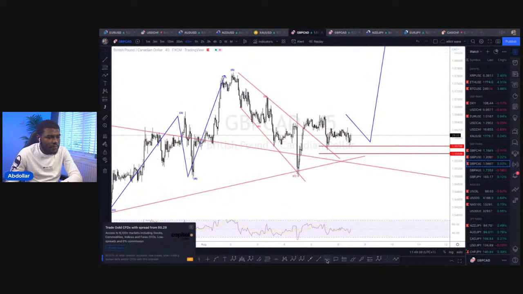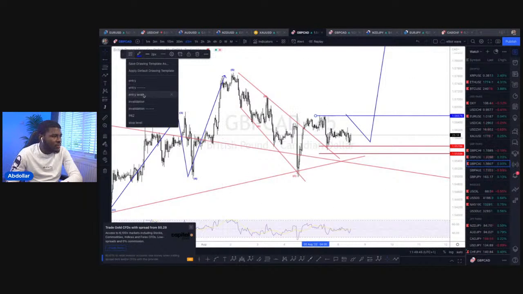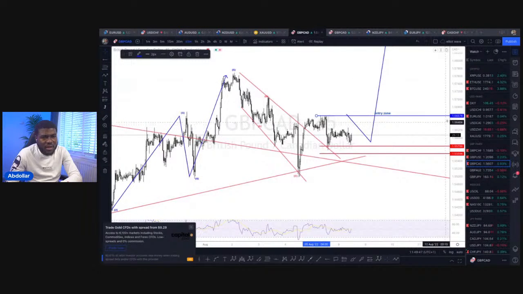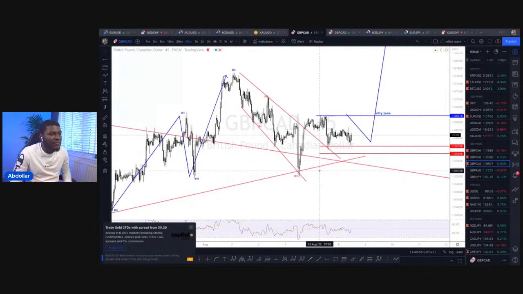So my confirmation level for the GBPCAD buy should now be around 1.56576, where my stop loss is going to be below here or right here. So that is the plan I have for GBPCAD. Right now, I am about to trade the impulse after I have noticed that there is a nice correction here.